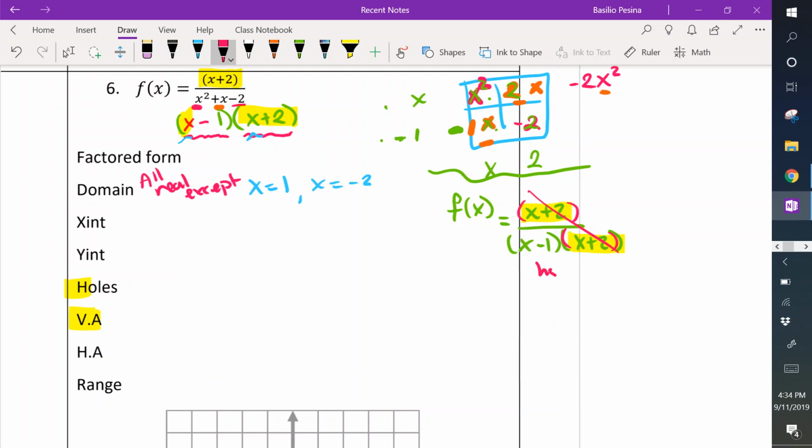So I have a hole at x plus 2 equals 0, x equals negative 2. Does that make sense to you? Because to me, I see x equals negative 2 as a hole, and in my domain, I have a discontinuity there, so that makes sense. So I have a hole at x equals negative 2.